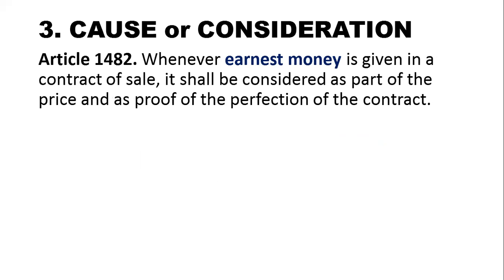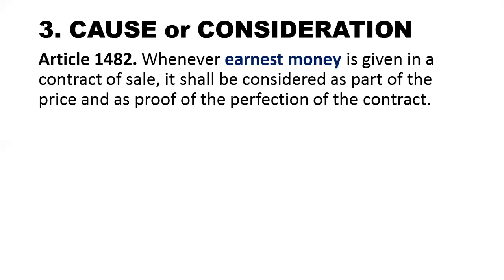Article 1482 is in relation to contract of sale. We would learn more about earnest money, option money, and down payment when you have your subject in regulatory framework and other legal issues in business.